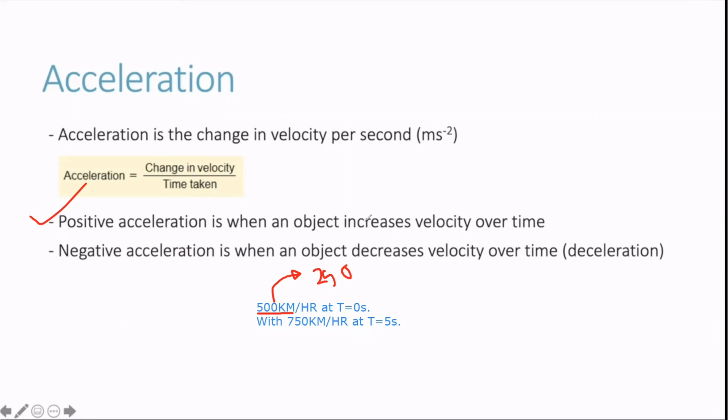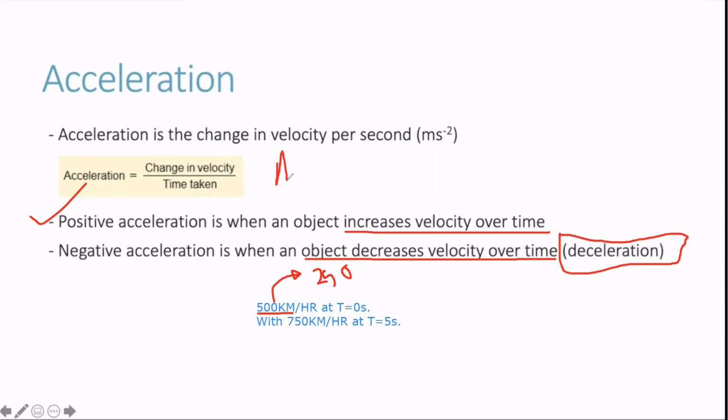In positive acceleration, an object increases velocity over time. But in negative acceleration, the object's velocity decreases over time, and we call this deceleration. Friends, deceleration is a simple term when we have negative acceleration.